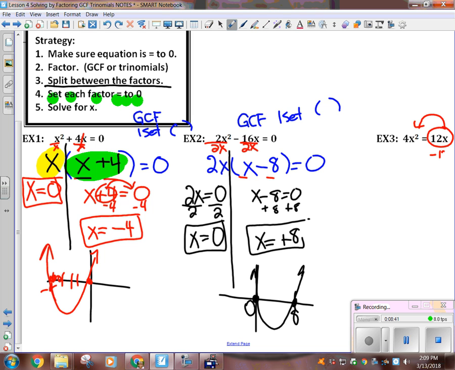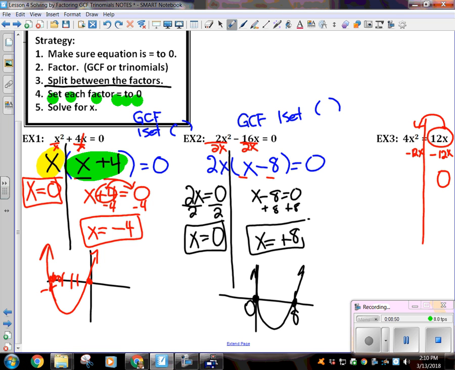If I take 12x and subtract 12x, 12x's minus 12x's would leave me with 0. Here I cannot add 4x squared minus 12x because that's two different terms. So 4x squared minus 12x. Okay. Do I have a GCF?